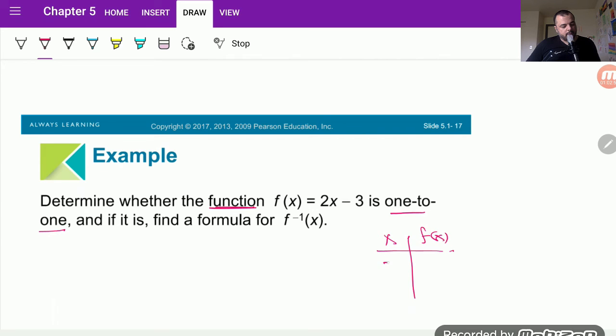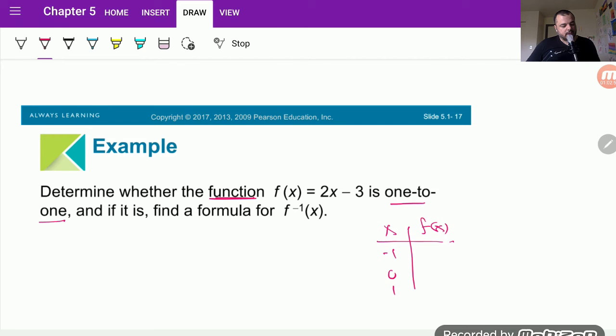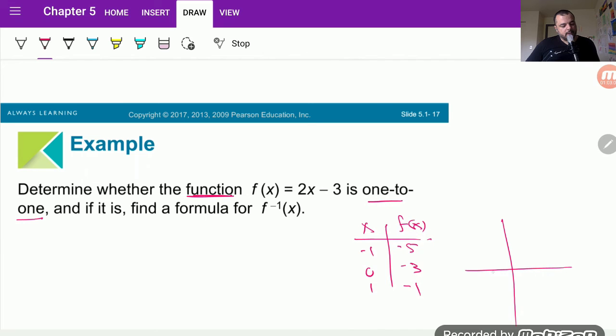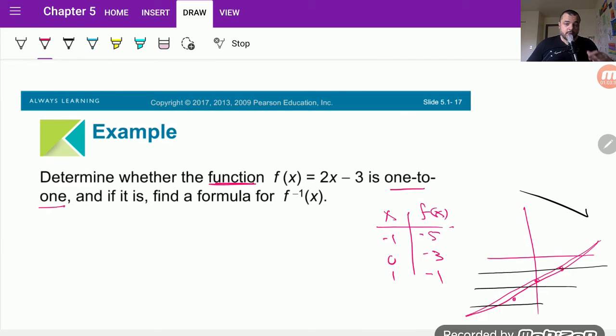Check, for example, -1, 0, 1, because it's a linear function, a straight line. Plug in -1 in the function, you get -5. Plug 0, you get -3. Plug 1, you get -1. Then you graph this. So -1 corresponds to -5, 0 to -3, and 1 to -1. This is a straight line and it passes the horizontal line test, so it is one-to-one.